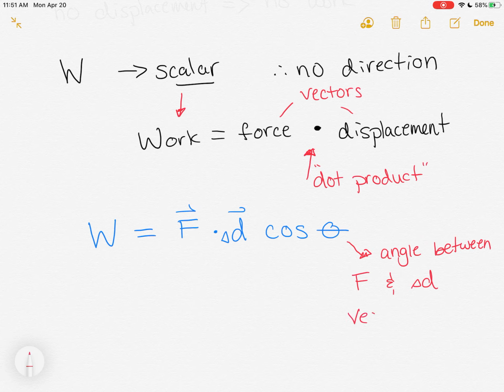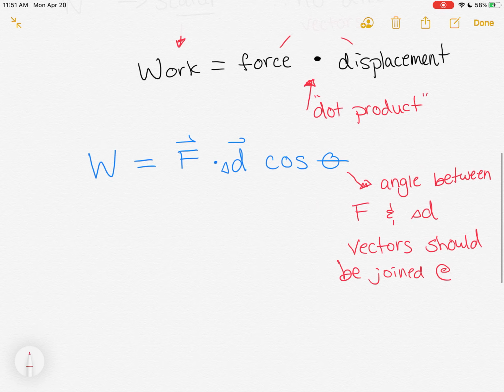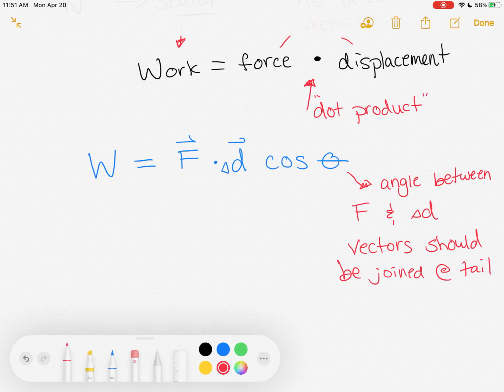The other thing is that those vectors should be joined at the tail. So our vectors are not going to go from head to tail. They're going to be attached tail to tail. And so we are actually going to talk about all the different situations that we could have with that. We're going to look at every single different picture that we could possibly get.